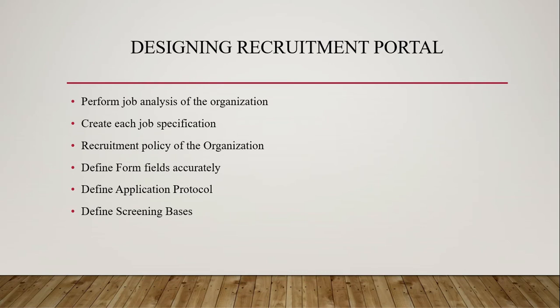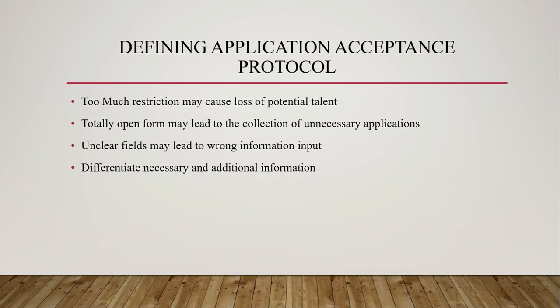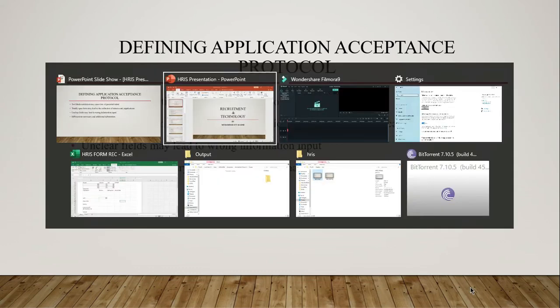Will the application be accepted or not? Define this. If you are targeting automatic screening, obviously you will define the basis of screening as well. Defining the application acceptance protocol, we'll see after reviewing a form I designed.